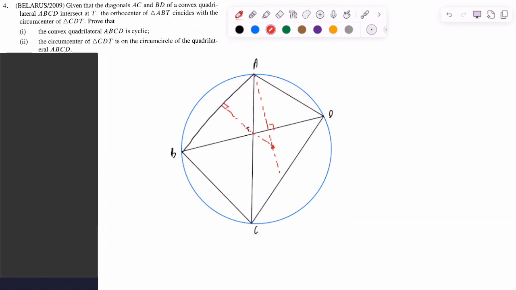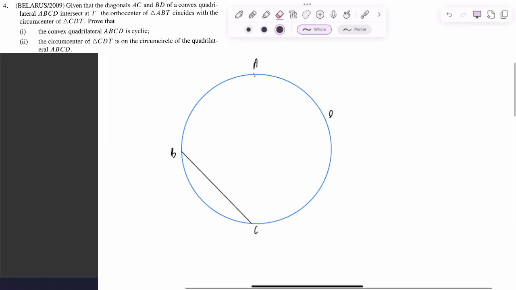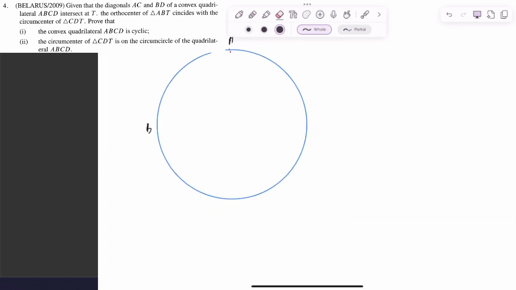Is this accurate? Because the second part says that the circumcenter of CDT is on the circumcircle of the quadrilateral ABCD. So if this is our circumcenter, it's not accurate. Hence you have to erase stuff. We probably need a different quadrilateral, and what we drew is not correct. So the first step is always to get the diagram correct. If not, there's nothing really that you can do.